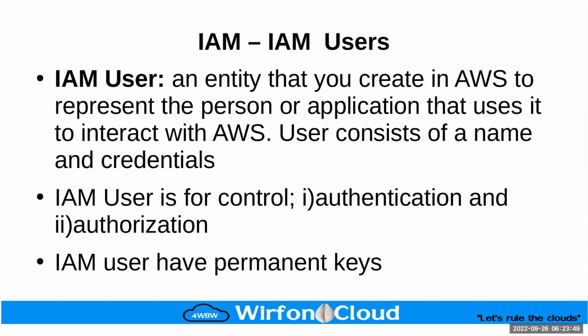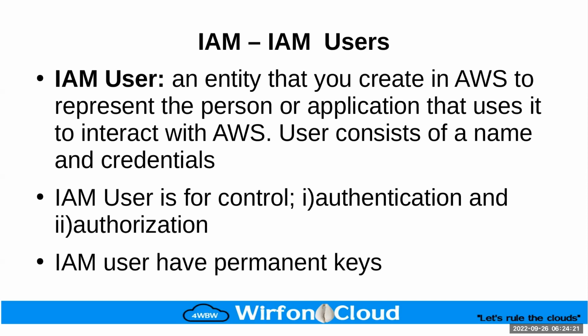It always consists of a name and credentials. And what is being controlled is authentication and authorization. Authentication is the process of using your username and maybe your password to sign in. But after authentication, the next step is what you are authorized to do, which we'll talk about later: policies give you permissions on what you can do after you authenticate.